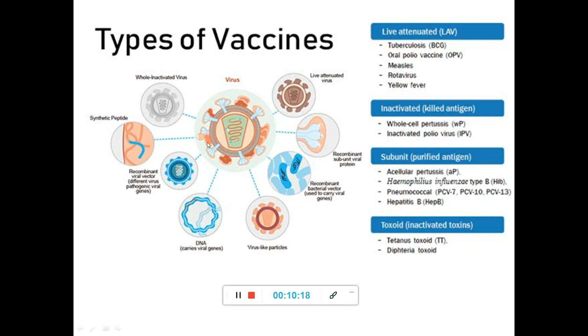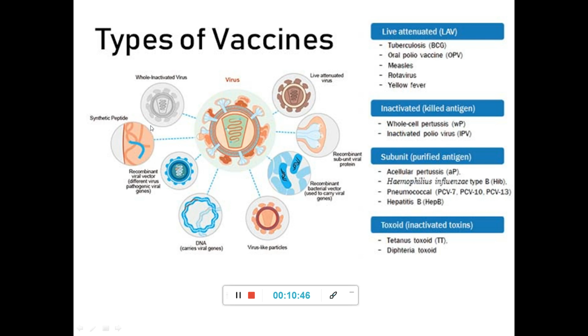It would be a small subunit, not the whole antigen, one particular protein of that antigen that would be immunogenic. That synthetic peptide could be injected into our body. Of course there would be some formulations; as I mentioned in previous classes, adjuvants would increase the immunogenicity of a vaccine.